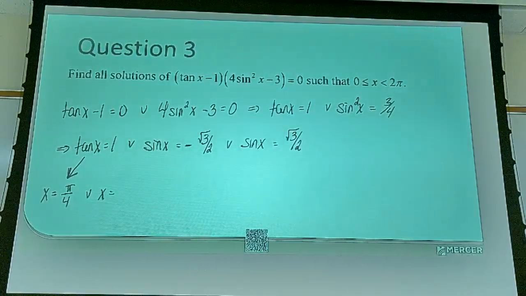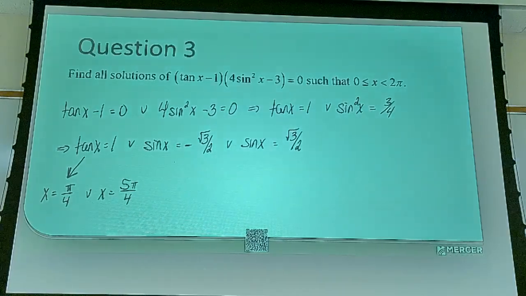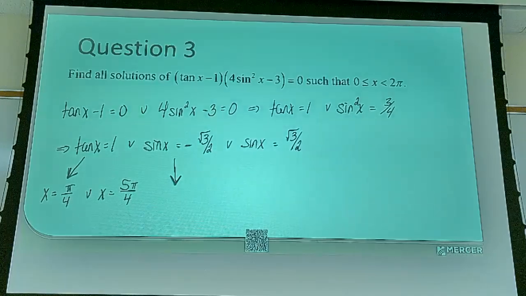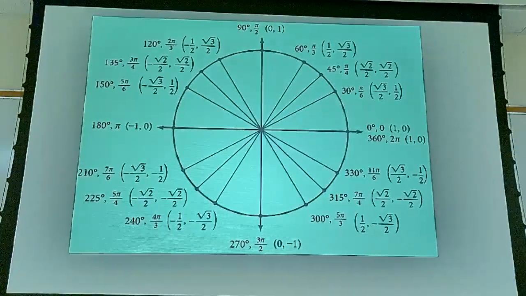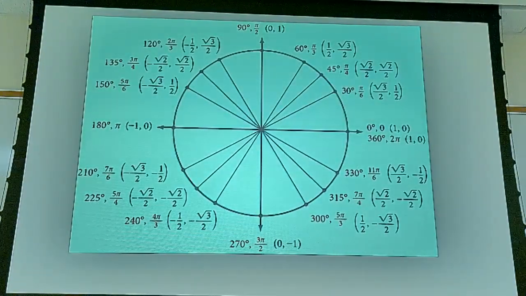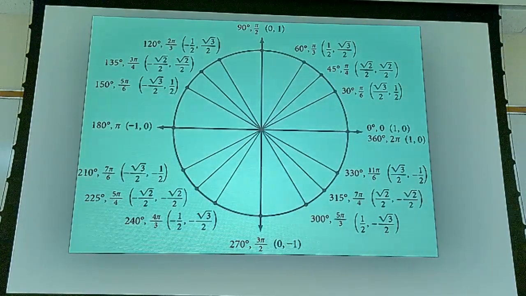Now look at the negative root 3 over 2 for sine. You said sine is the y coordinate. So what angles have a y coordinate of negative root 3 over 2? 5 pi over 3 and 4 pi over 3.